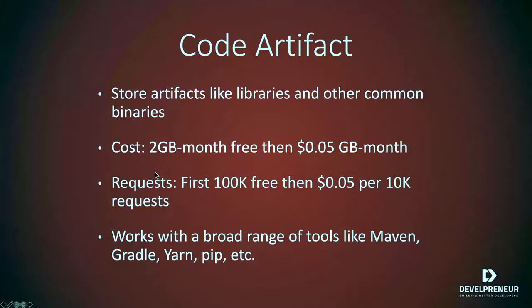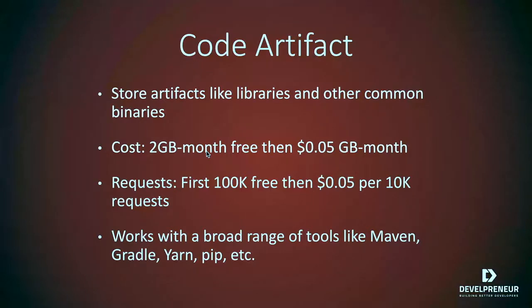Now, CodeArtifact is basically a storage repository, so it's based on the size of files or amount of files, and size is, I guess, the bigger thing here. With the free tier, you get 2 gigabytes a month free, and then it's 5 cents per gigabyte per month after that.